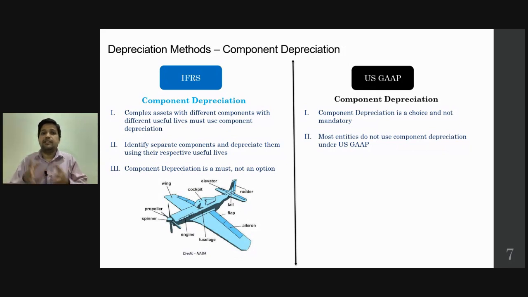A good example would be an aircraft with different components having different useful lives, which must depreciate each component based on their respective useful life. Remember, the component depreciation is mandatory in IFRS. However, it is just an option in US GAAP. Therefore, many organizations do not make use of component depreciation in US GAAP. The method is seldom used.